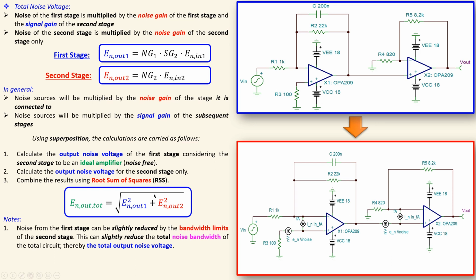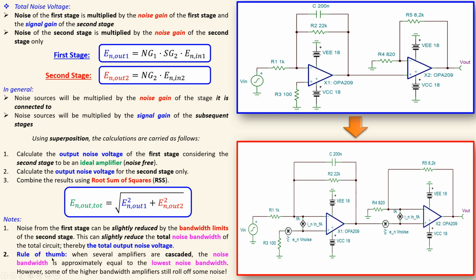That really depends on the location of the poles. Now, if you have a slight reduction of the bandwidth of the total circuit, that will of course also reduce your noise bandwidth, and that will also reduce your total output noise voltage. So it might be the case that what you have calculated is a little bit larger than what you have simulated and also what you have measured.